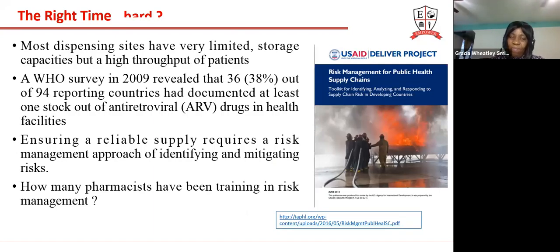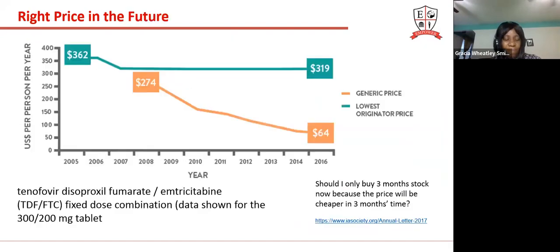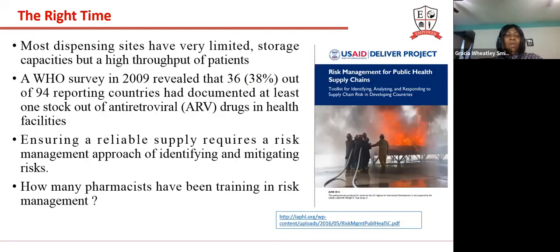The right time. Most dispensing sites have very limited storage capacity, but a high throughput of patients. So we do have a mismatch right here, but we need to get it right again for the 6 rights in order to have successful quantification.